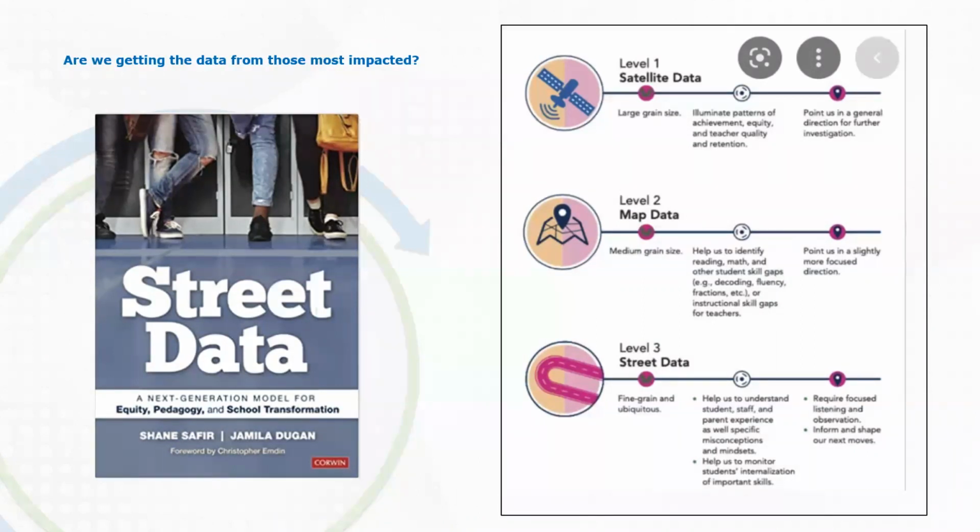Map data or medium grain size allows us to dig more deeply and might include data about specific skill areas. And street data is garnered from talking to those being impacted by the data we are collecting. While street data can be gathered through various instruments such as surveys, it is preferred that it be gathered by speaking directly to the individuals being impacted.